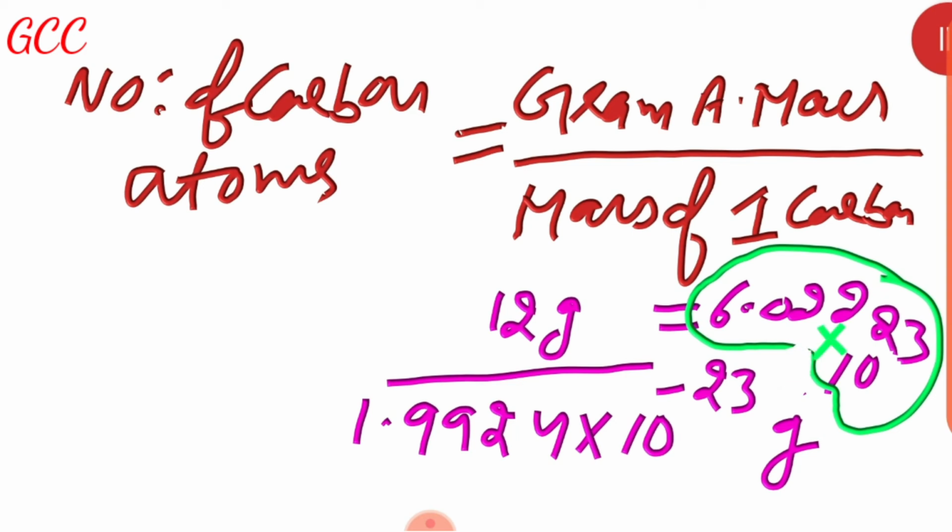Yes or no? This many atoms we are getting, so we can do it for any element, and always we will get 6.022 × 10^23 atoms. So what can we say?